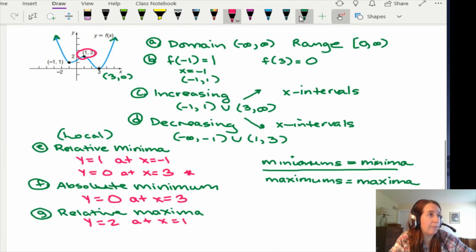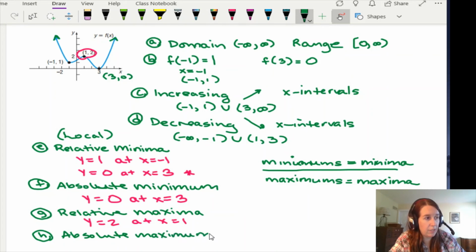And let's take a look and see, finally, if there is an absolute maximum. That is a singular maximum because there can only be one at the most. Is this 2 value the highest the graph goes? Absolutely not.